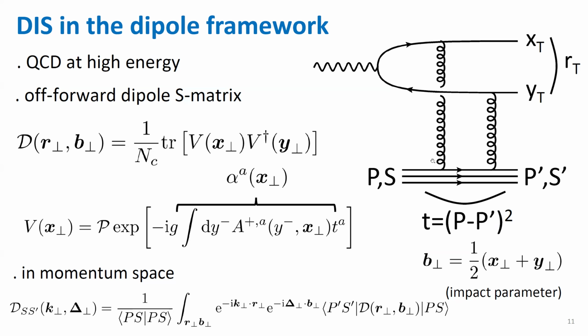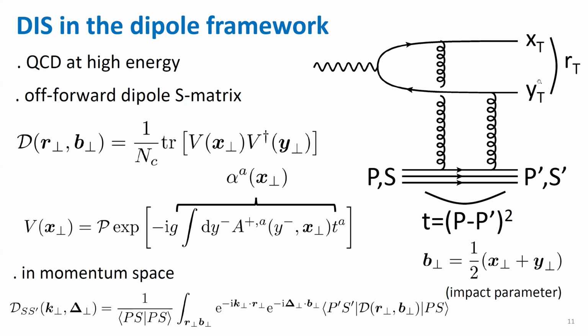So scattering on the target, they only get color rotated, and this color rotation is described in terms of Wilson lines. The S matrix for the dipole-proton scattering is written here as a correlator of two Wilson lines.